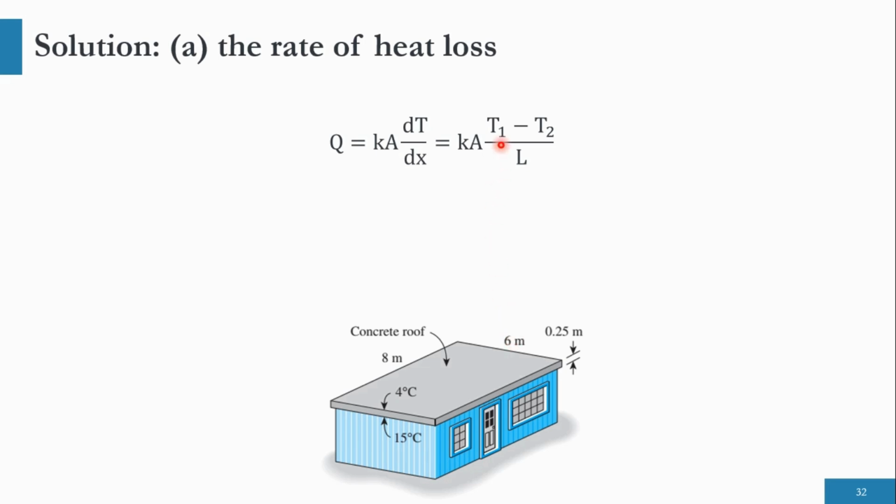We know the inner surface temperature as 15 degrees centigrade. The outer temperature is 4 degrees centigrade. L is 0.25 meters. Accordingly, substituting the values, the total heat loss is 1690 watt or 1.69 kilowatt. So the total heat loss from this roof is 1.69 kilowatt.